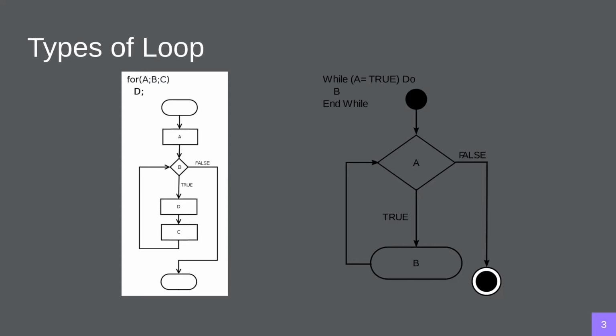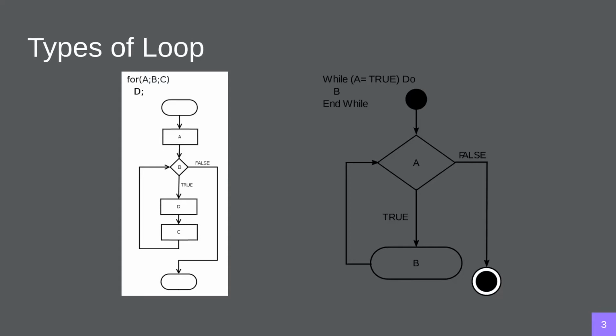Now, a while loop is a little bit different. A while loop has a conditional, and it will keep running until the condition is either false or true, depending on how we set it. So it'll keep going until a condition is met.